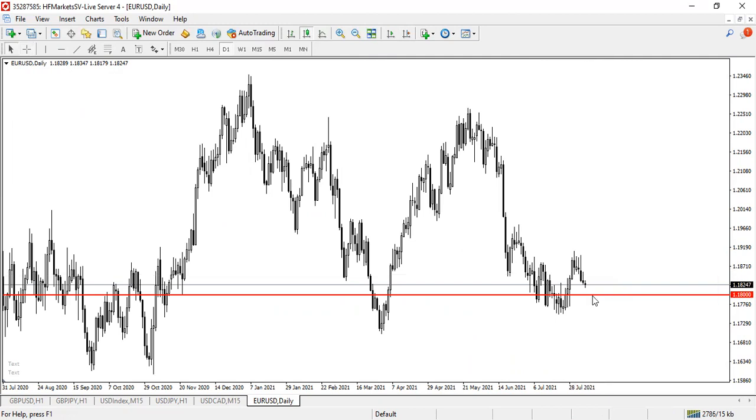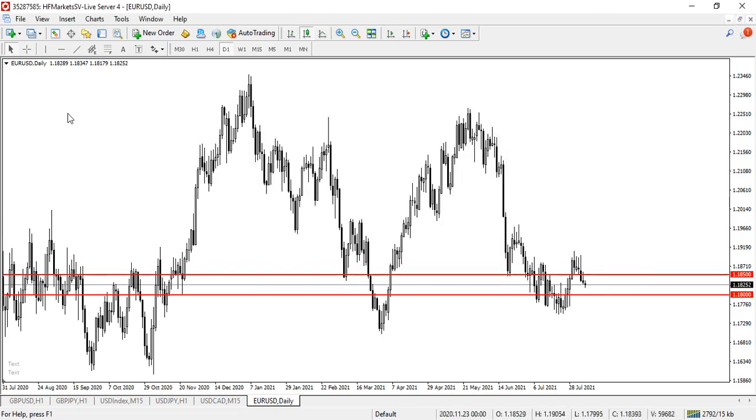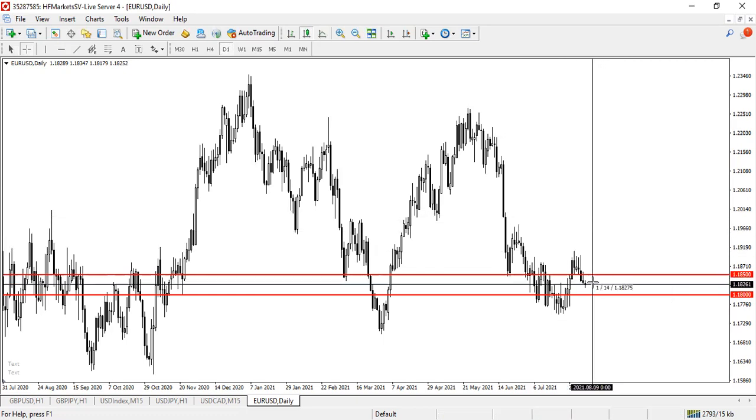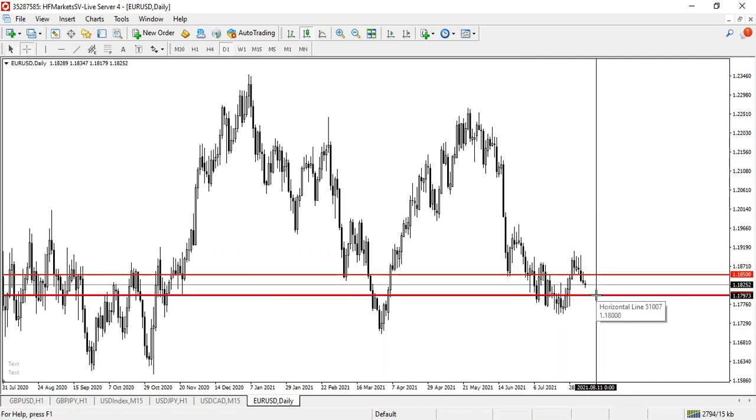In this case, we can just hold our hands, declare that there's no trading opportunity, and wait until price comes back here to sell, or comes down here to buy.